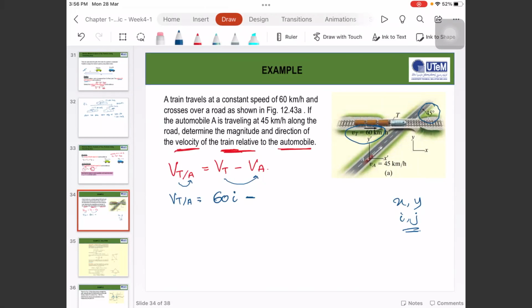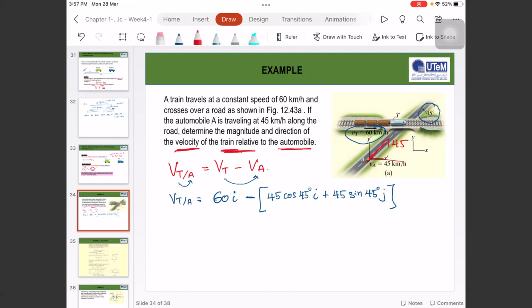So you have 45 cos I plus 45 sin J. Kalau ini macam dipecahkan lah. Ini ada nampak ni, sini 45, okay, 45.